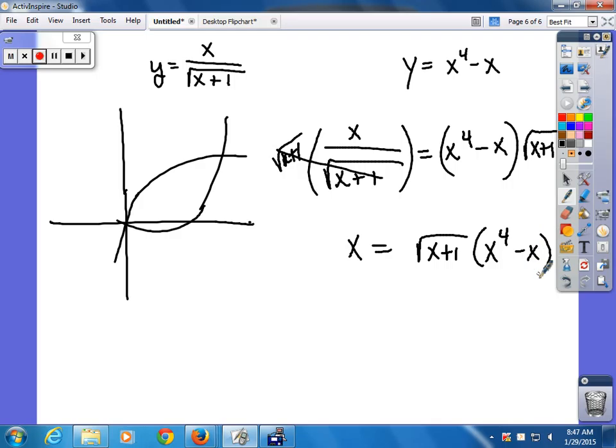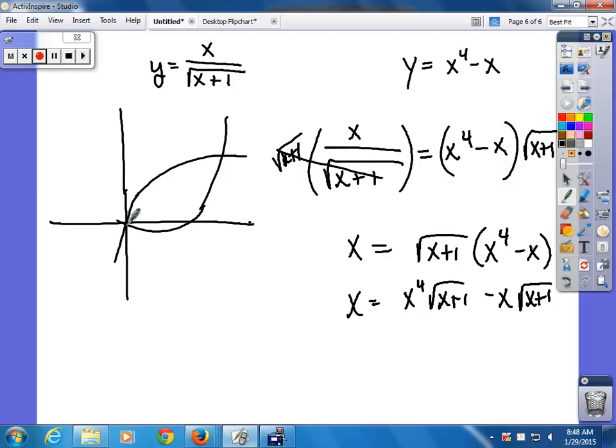I don't know if we're going to be able to solve this. We may just have to do a trace intersection. Makes it a whole lot easier. Distribute this. We get x is equal to x to the 4th square root of x plus 1 minus x square root of x plus 1, and there's just too many x's to solve this, so I would suggest doing a compute intersection here.